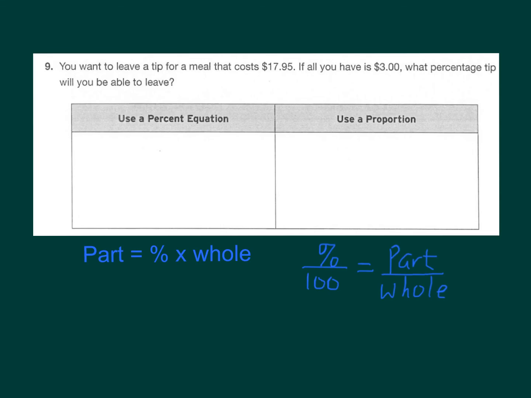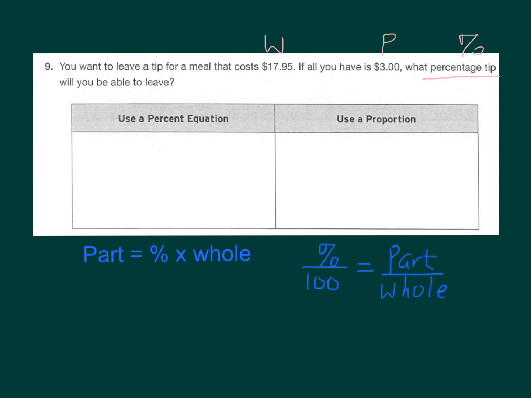Okay, so let's analyze this problem. The meal is $17.95. So this should be your whole. And then if you have $3, so let's just say you want to tip your $3. So that is going to be the part. And then what percentage? That's the percent.